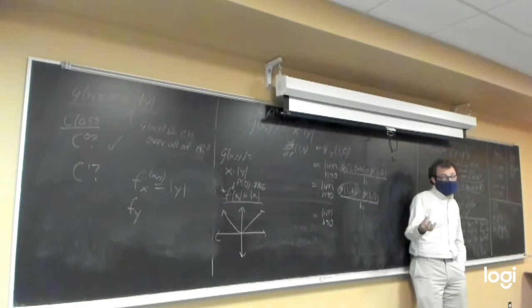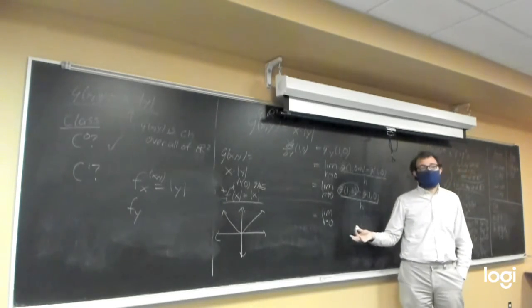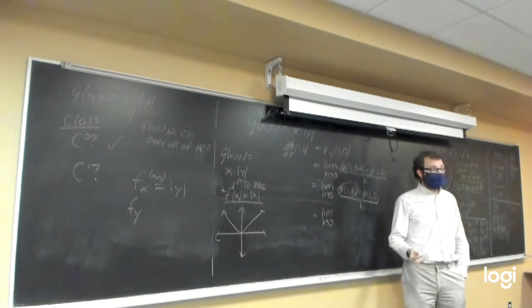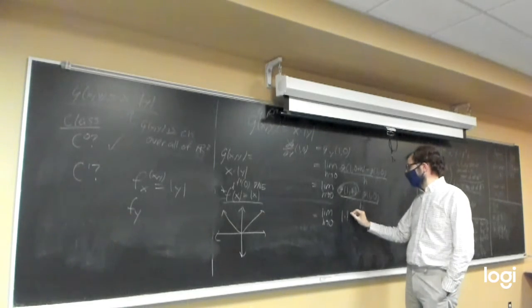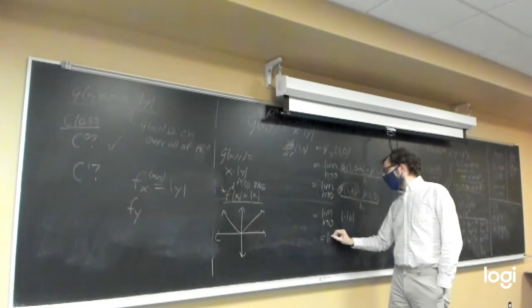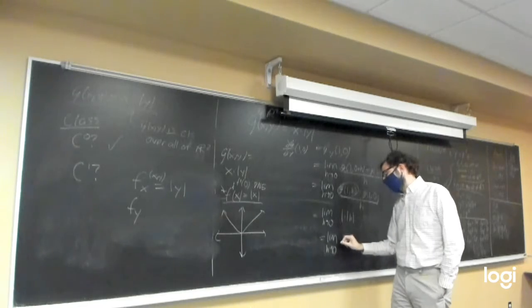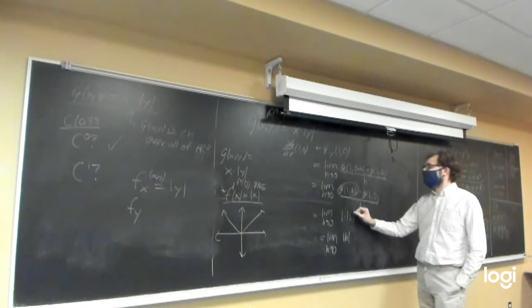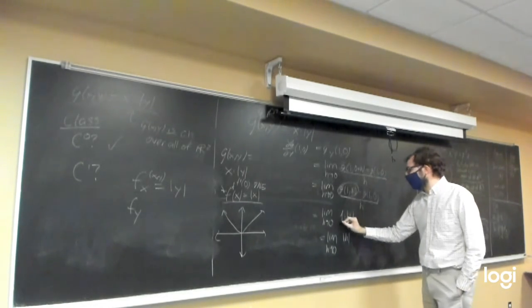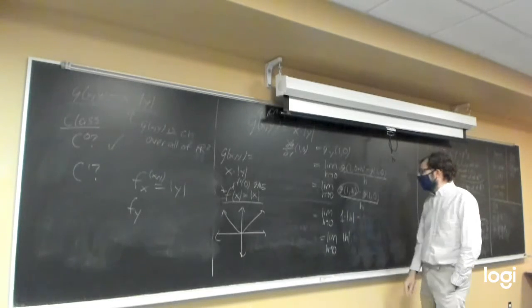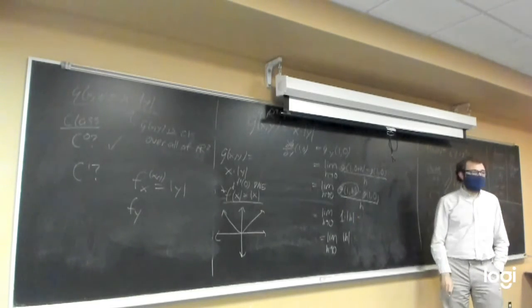Yeah, the absolute value of h. It would be 1 times the absolute value of h. So this is going to give us 1 times the absolute value of h. How about g of 1 comma 0?